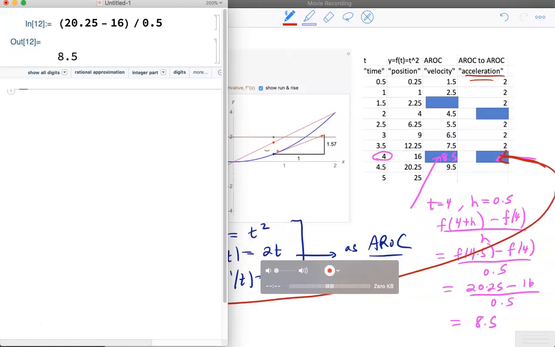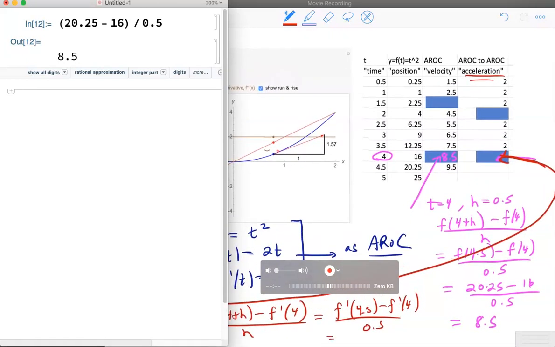Again, it's going to be the derivative evaluated at 4 plus h minus the derivative evaluated at 4, divided by h. In this case, h is going to be 0.5 again, so we would need the derivative of the function at 4.5 minus the derivative at 4, over 0.5.